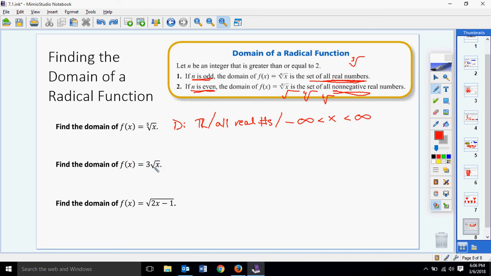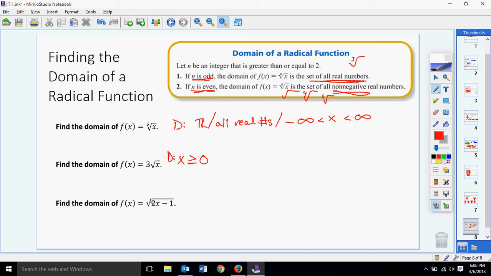We cannot have a negative underneath a square root. So we have to make sure that x is bigger than or equal to 0. This is my domain. X must be greater than or equal to 0. Can't be anything less than 0 because then it would be negative, and that's not good.